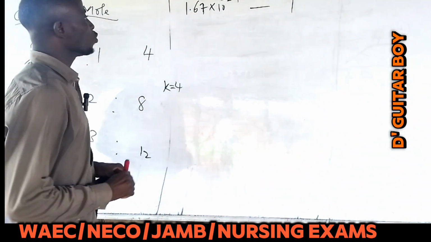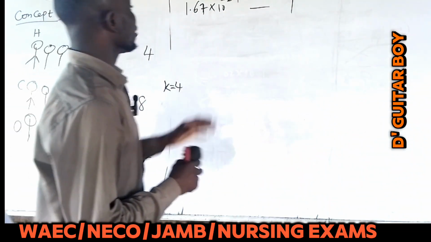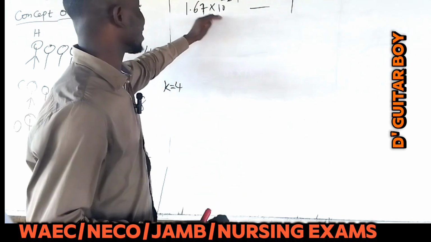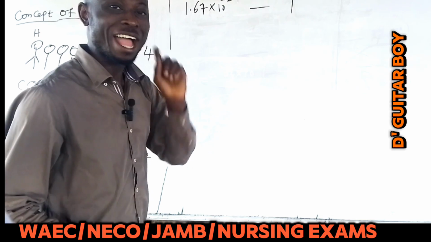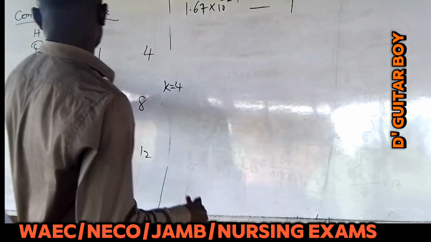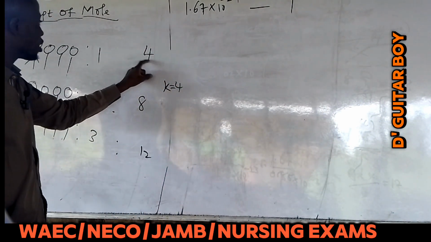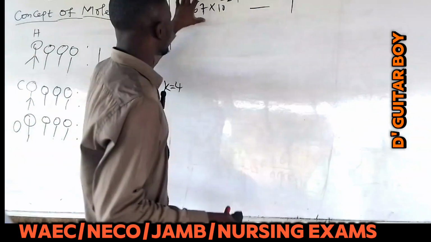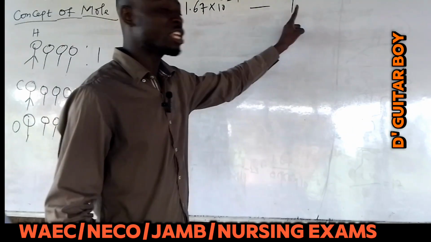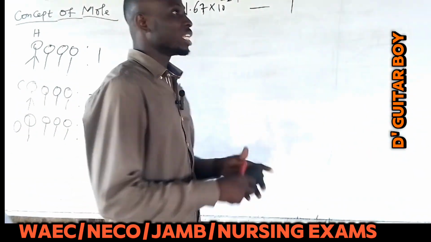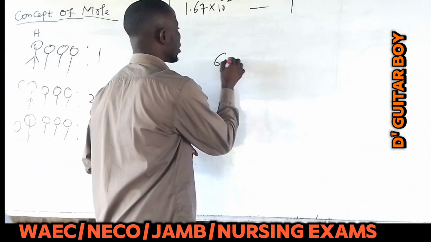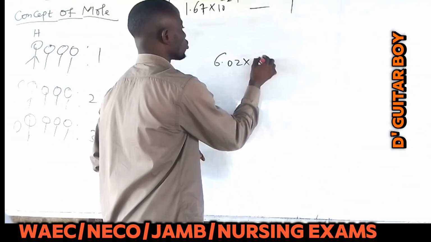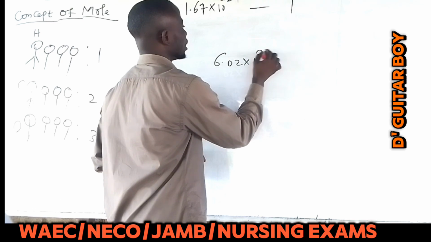So if you count the number, you see that this value is very, very small. If you count the number of hydrogen atoms, just as we counted the number of these that will give us this 4, the number of hydrogen atoms that will actually give us this value is 6.02 times 10 raised to power 23.